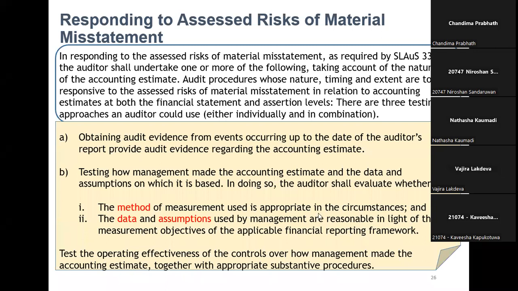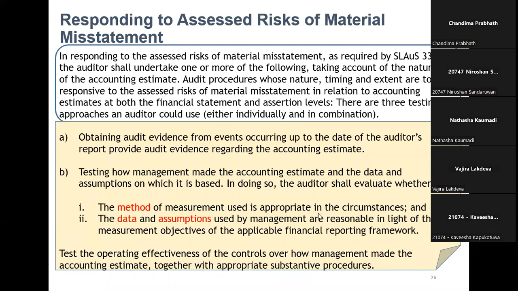Then at the execution phase or evidence building phase, we perform those audit procedures in order to obtain sufficient appropriate audit evidence. The third stage is completion and issue of the audit opinion. Basically, the output of an audit is the audit opinion, right?